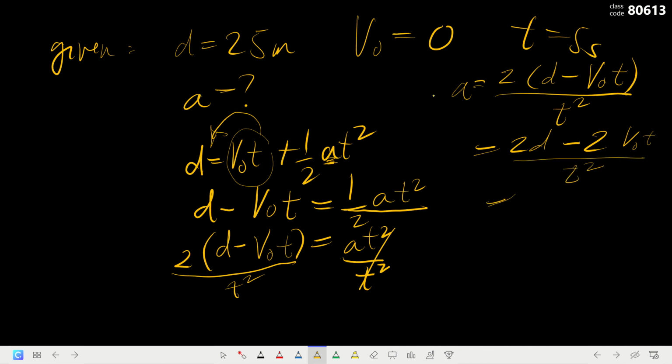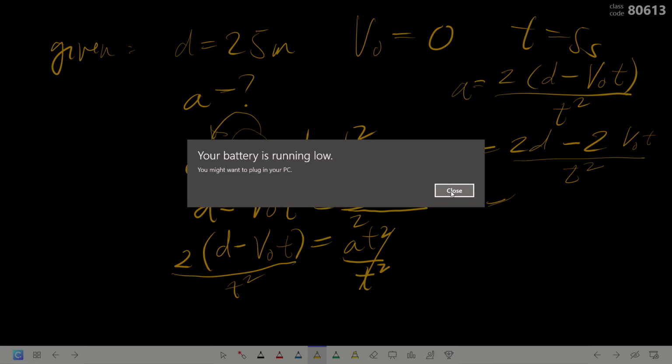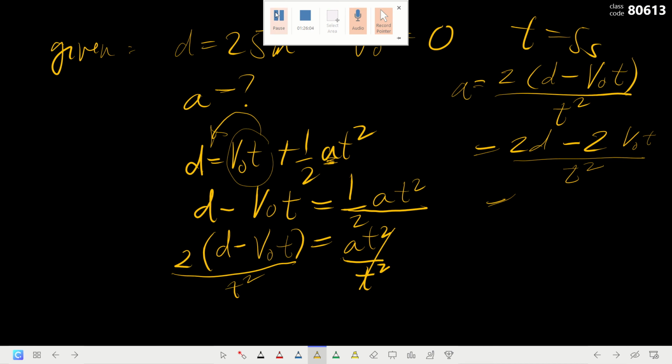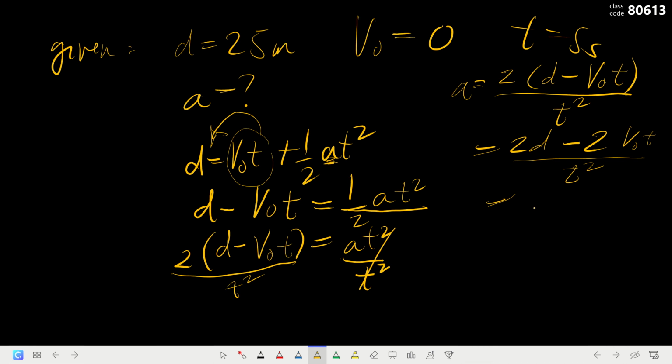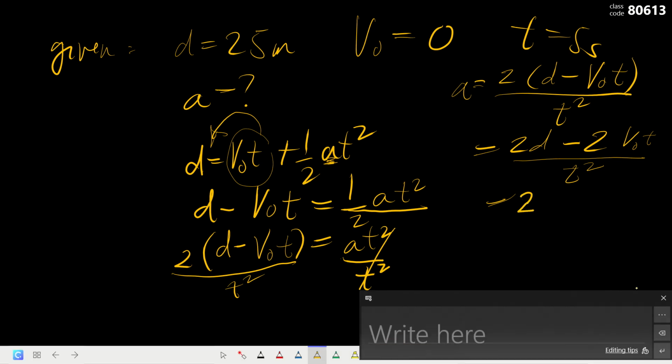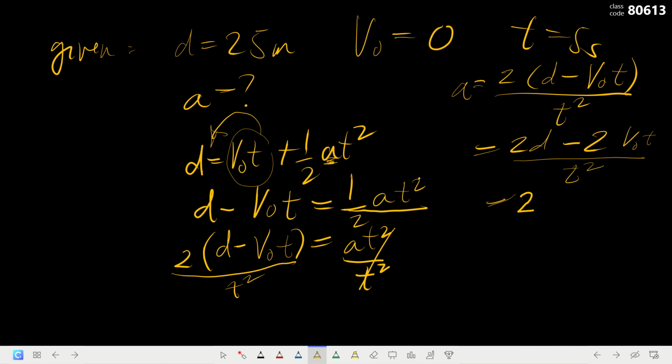Now we have the given values, so we substitute them into the equation.